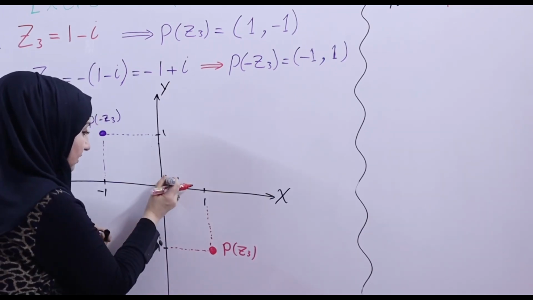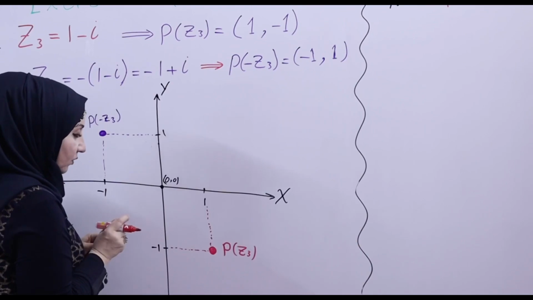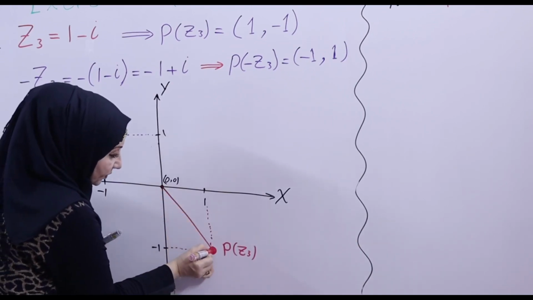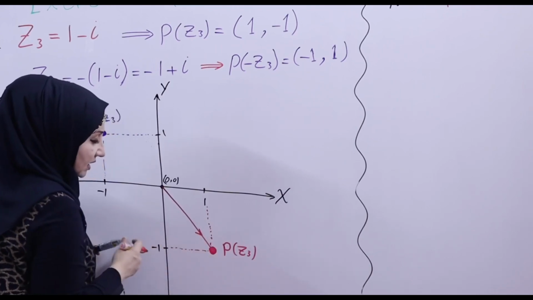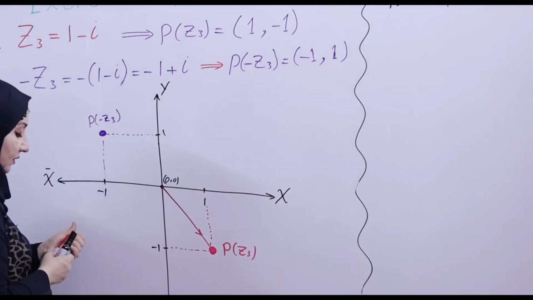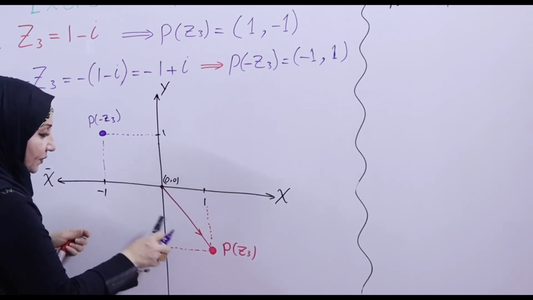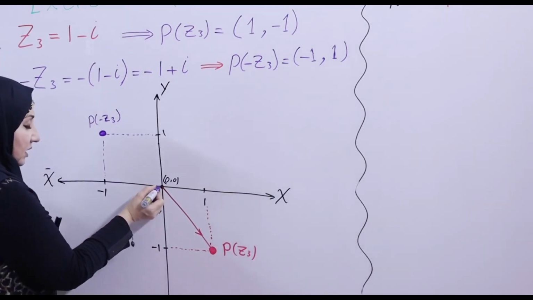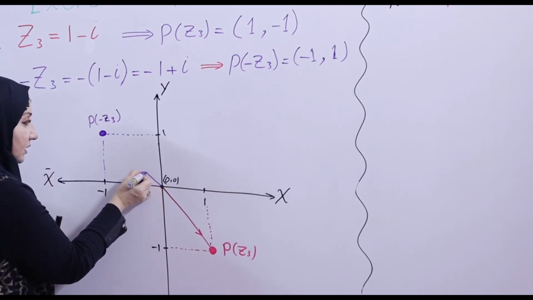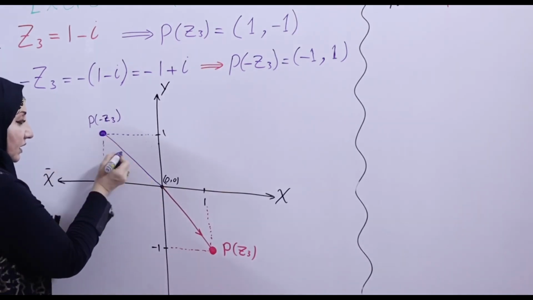So that means for the Argand shape, we will connect the origin and the point which represents Z3. This is the first Argand shape, the vector OP, and here is the Argand shape for the complex number negative Z3.